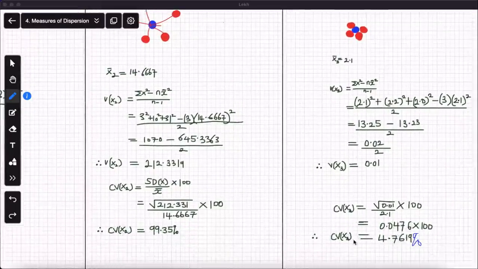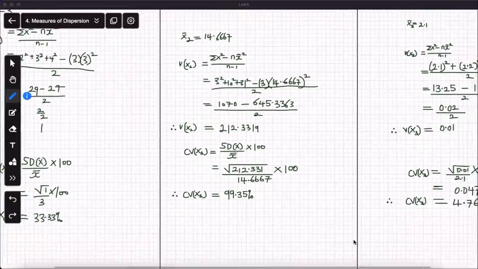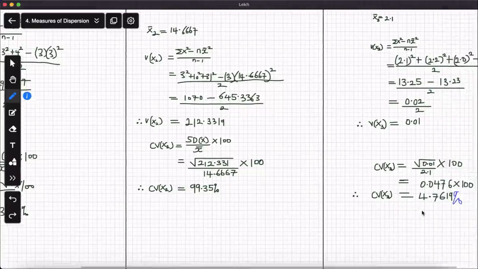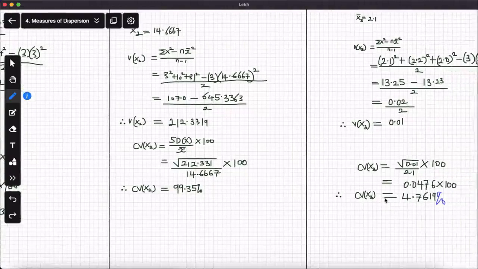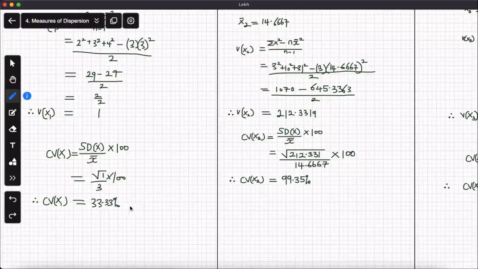Even if you were not able to get the full data set, once you see the coefficient of variation for all three, you will be able to tell that the observations in case 3 are closer than those of case 1 and case 2, and the observations in case 1 are closer than those of case 2.